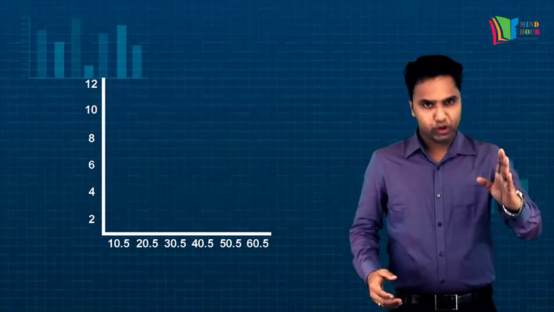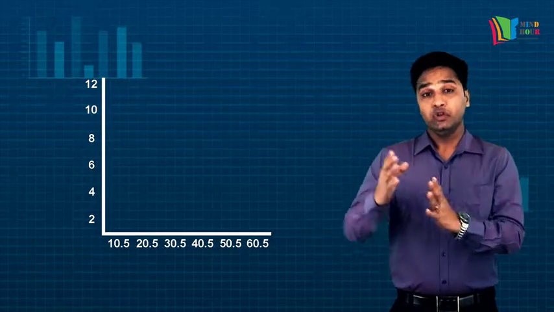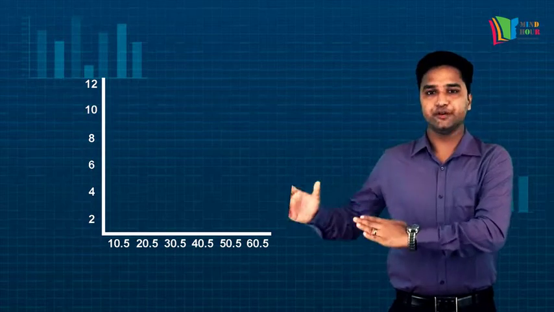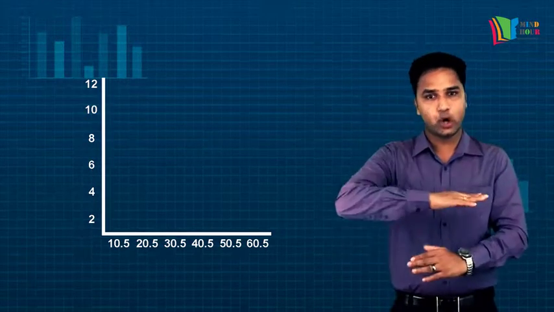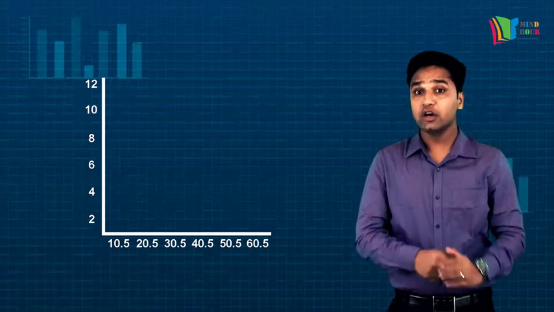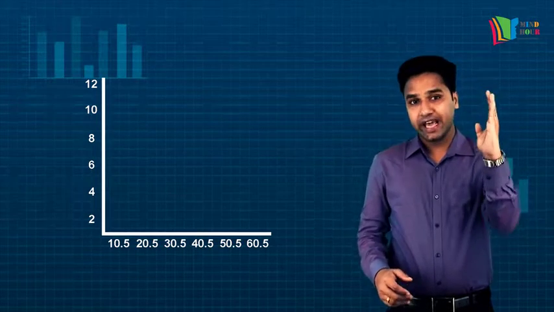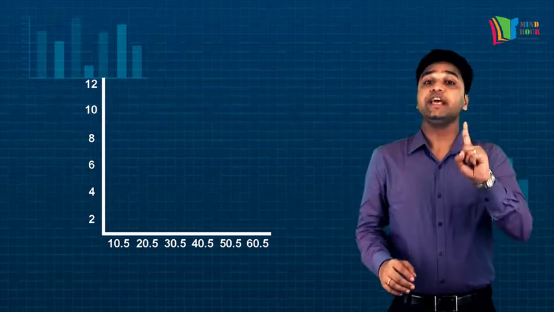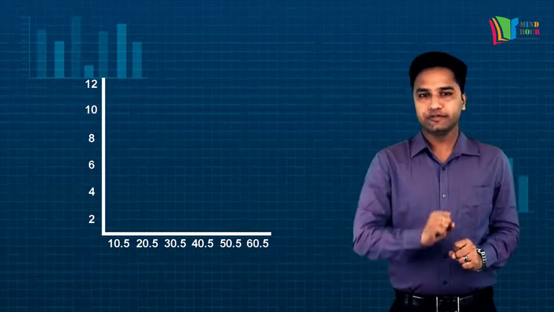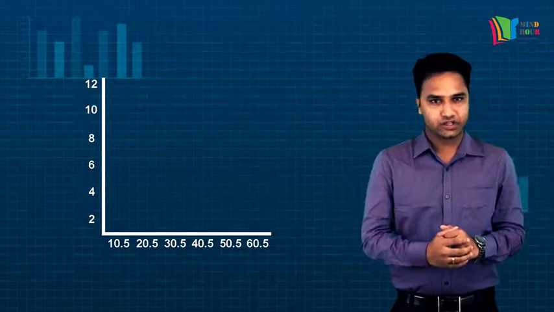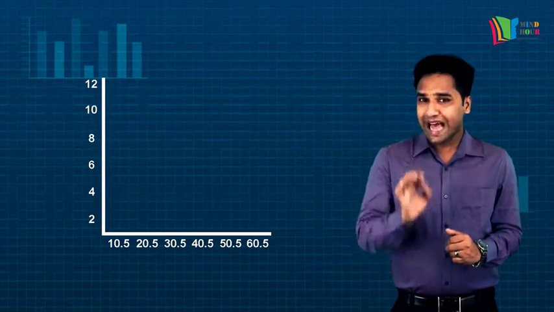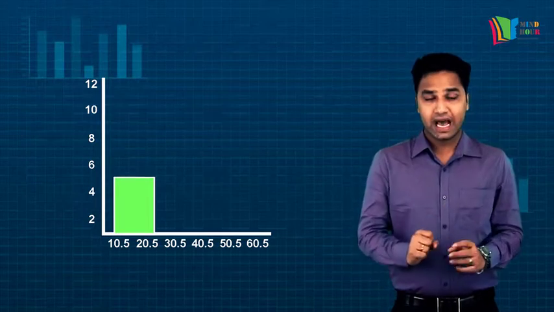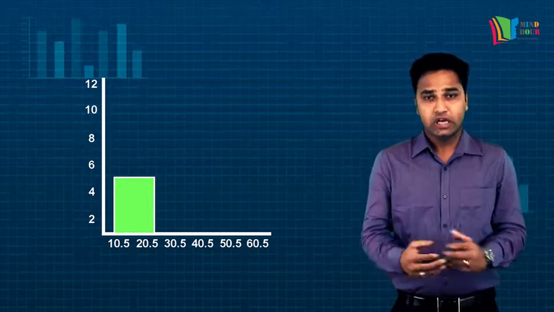We mark 10.5, 20.5, 30.5, 40.5, 50.5 and 60.5 at equal distances on the x-axis and mark 2, 4, 6, 8 and 10 on the y-axis. First, taking the first interval 10.5 to 20.5 as base, we draw the rectangle with 10.5 to 20.5 as the base and 5 as the height.